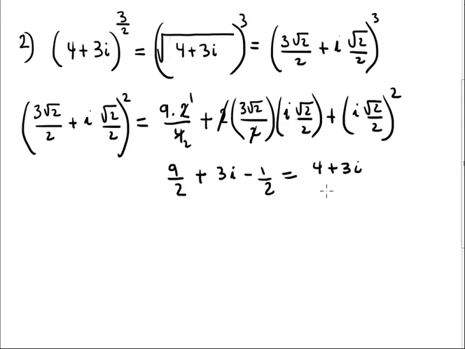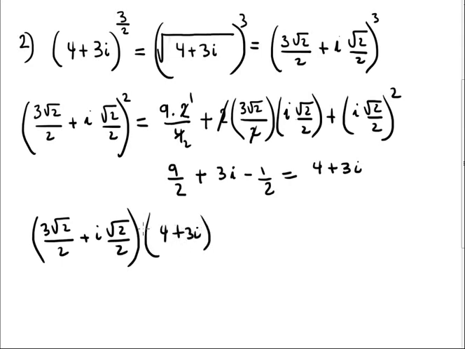I'm doing it because I want to, but it's not necessary, because this is the square root of 4 plus 3i. When you square this, obviously you get 4 plus 3i. This is a confirmation. Now multiply again this guy one time. Multiply by that, 4 plus 3i.